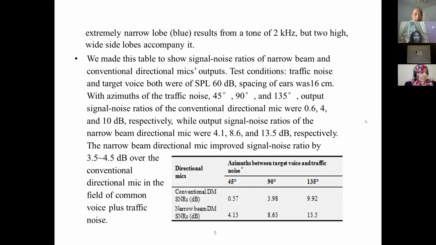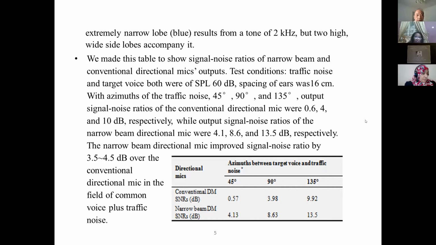We have this table here to show the signal noise ratio of narrow beam and conventional directional mics output. Test condition: traffic noise and target voice were both SPL 60 dB. Spacing of ears was 16 centimeters, with azimuths of traffic noise 45 degrees, 90 degrees, and 135 degrees.